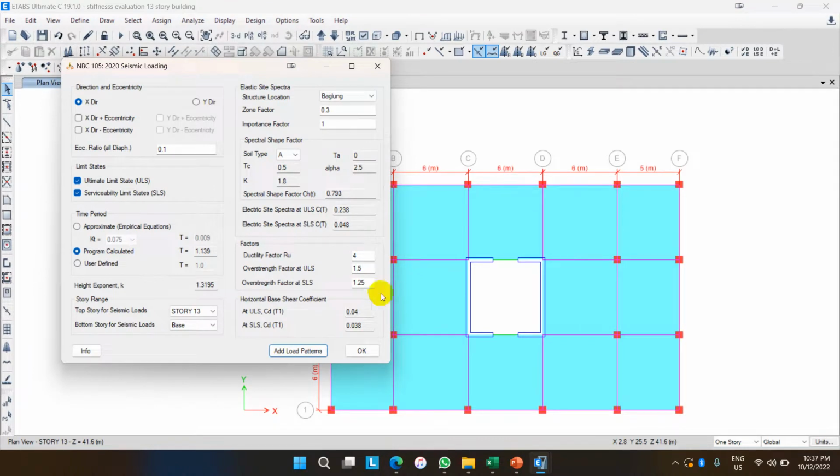So this is the overall information of the equivalent static procedure based on our Nepal Building Code NBC 105 2020. And we will be explaining more about everything in next videos.